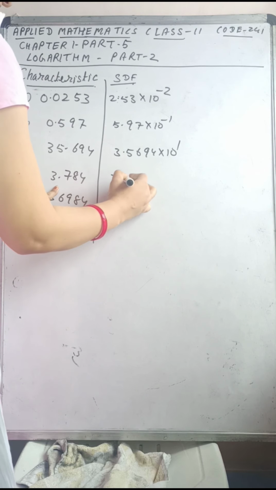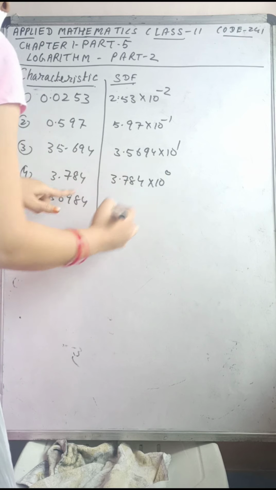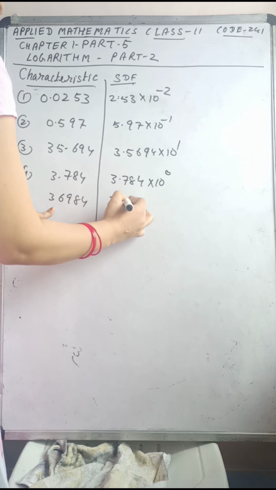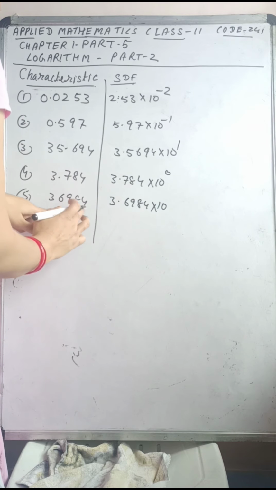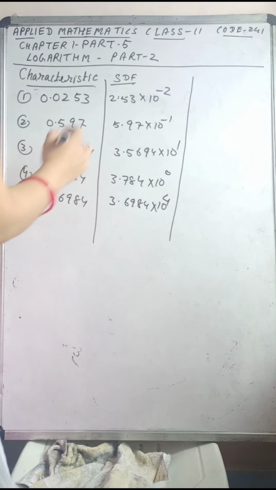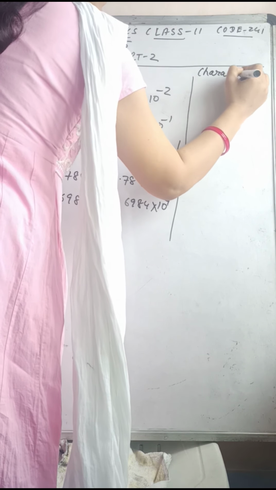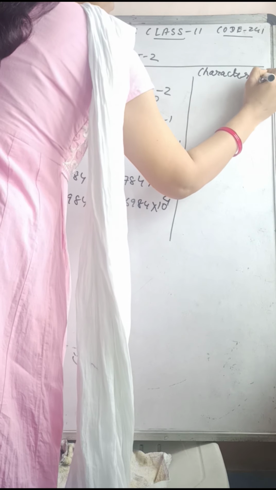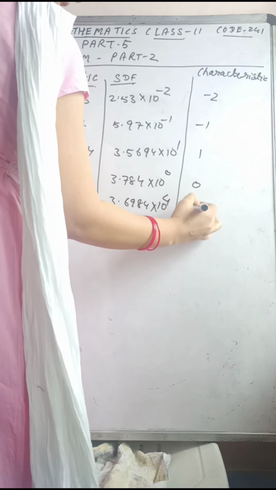Over here it is already in standard form, even then in the form of 10 to the power 0 I can write it, and this is 3.6984 into 10 to the power 1, 2, 3, 4. So over here the characteristic we can write as minus 2, minus 1, 1, 0 and 4.